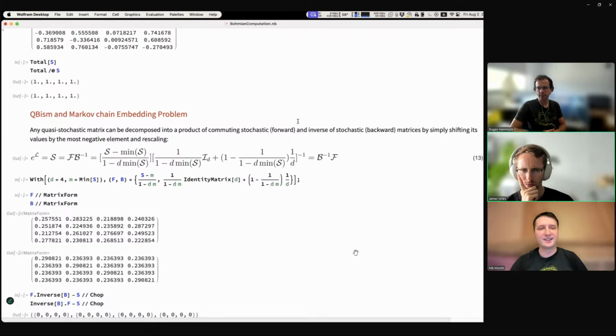So in a way, you can decompose your quasi-stochastic matrix as a product of forward and backward components, where F and B are both stochastic matrices, right? But the inverse of B is quasi-stochastic. So that's where the negative components in S come from.